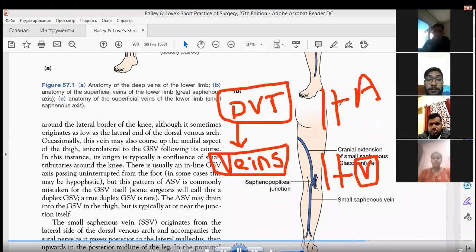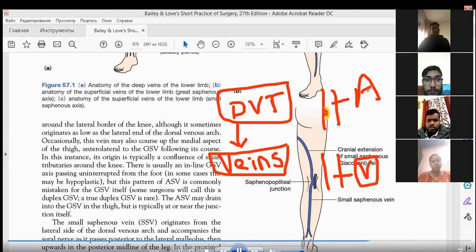But when thrombosis occurs in the arteries, there will be more collection of platelets and less formation of fibrin.